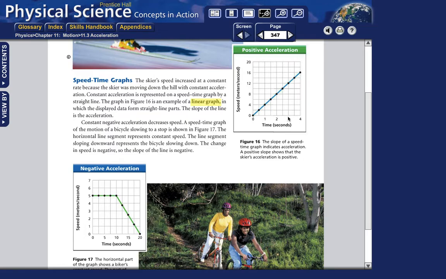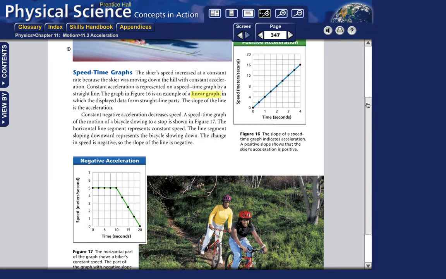Speed divided by time, slope, rise over run. And then over here, you've got negative acceleration. So what's happening on a horizontal line in this graph? The speed is staying the same. And then he slows down until he stops. So this is negative acceleration.